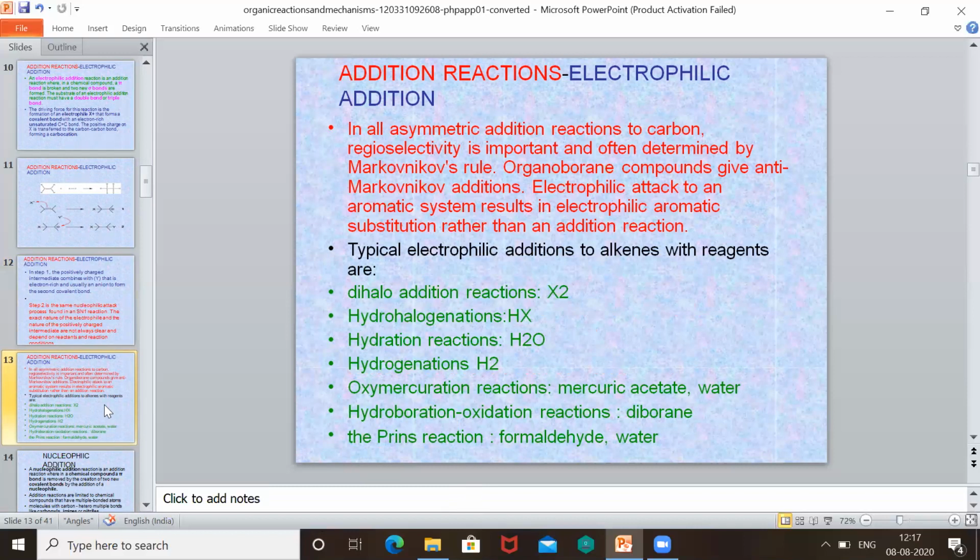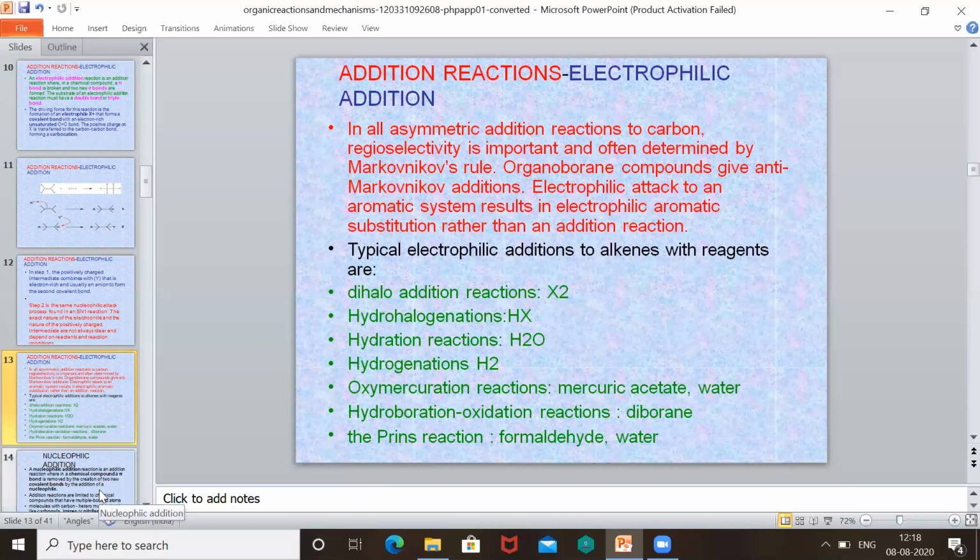So these are some examples: dihalo addition reactions, hydrohalogenation, hydrogenation, oxymercuration, which we have seen in alkenes and alkynes, hydroboration, Prins reaction, formaldehyde and water. These are some examples of electrophilic addition reactions.